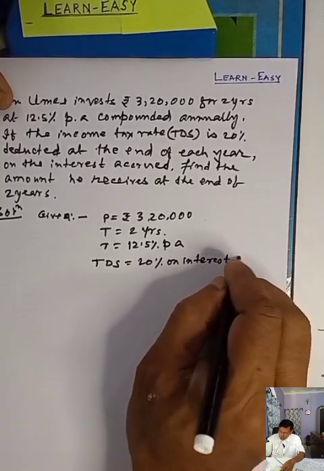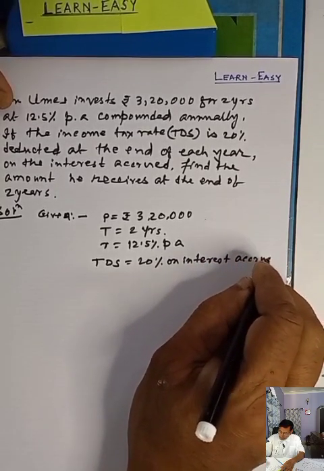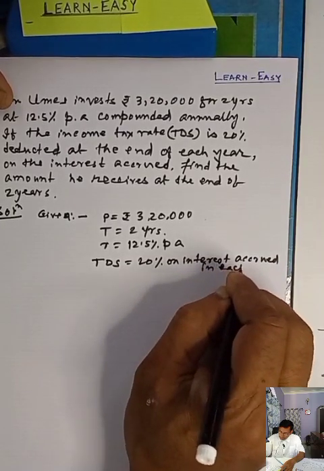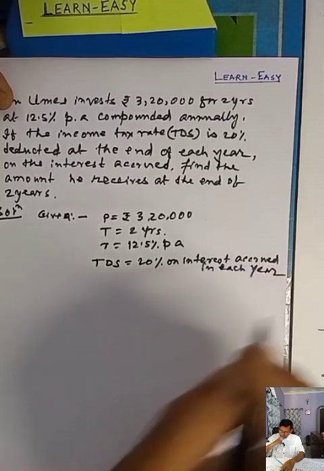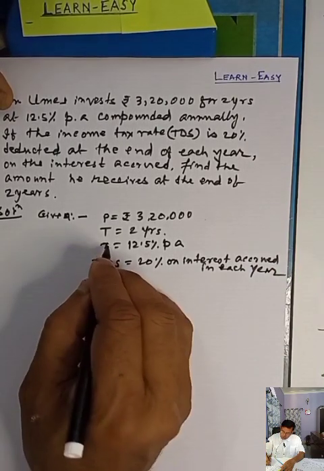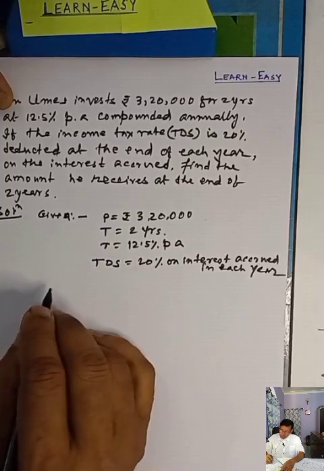Interest accrued in each year. Then, considering TDS, net rate of interest will be changed.